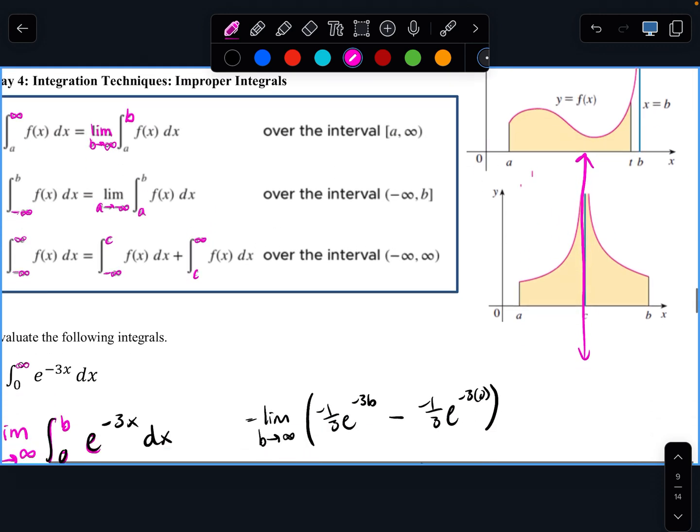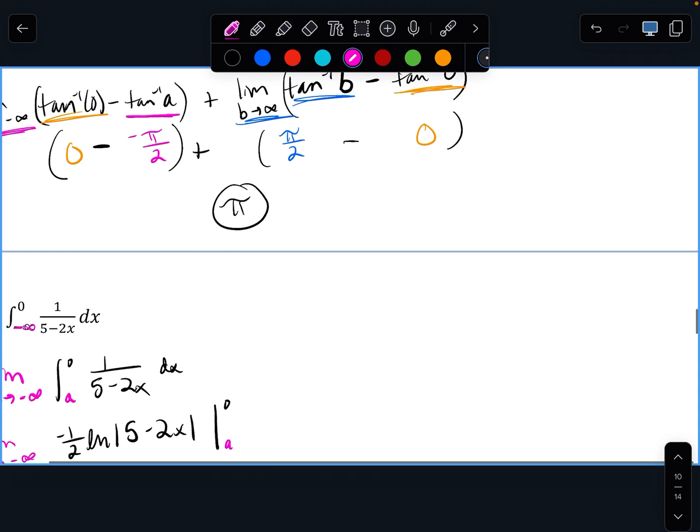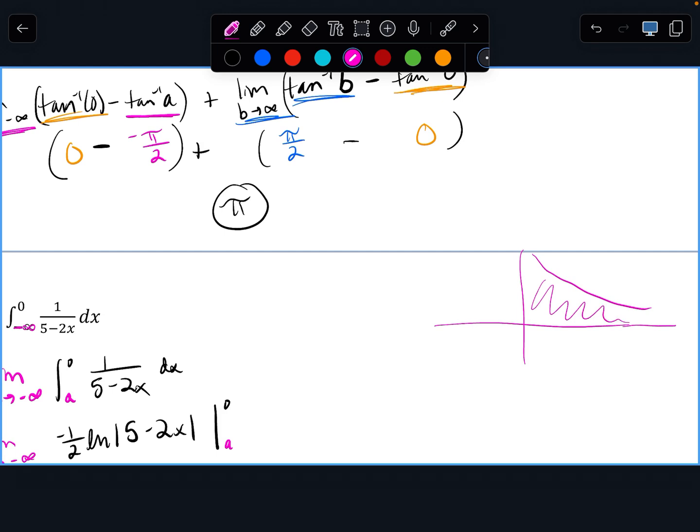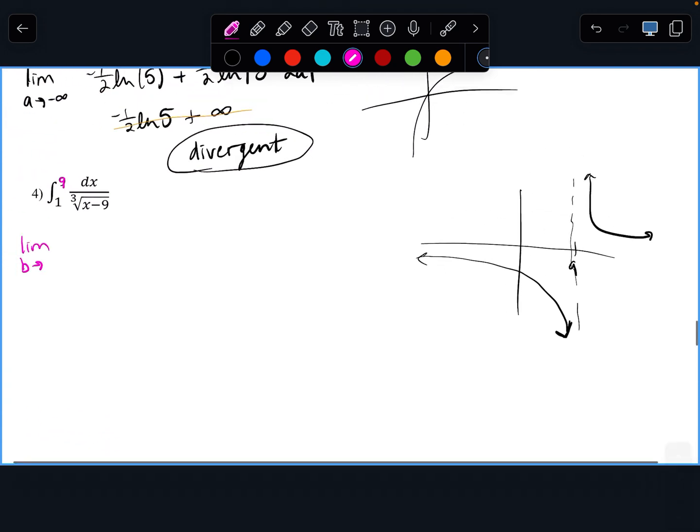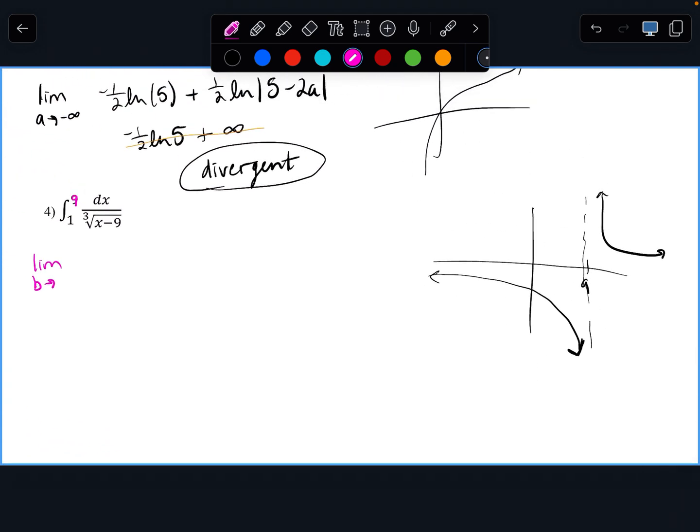It's different from finding the area of something like this that goes on forever, because you're going to infinity, like a horizontal asymptote. This one, when you hit 9, it's like you're hitting a wall. So the way you're going to set it up is the limit as b goes to 9, but approaches it from the left.